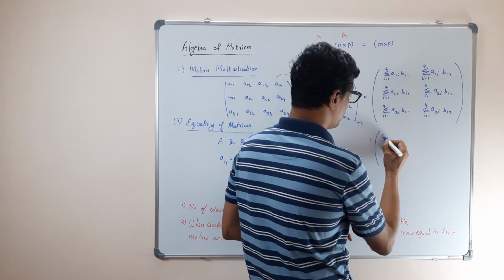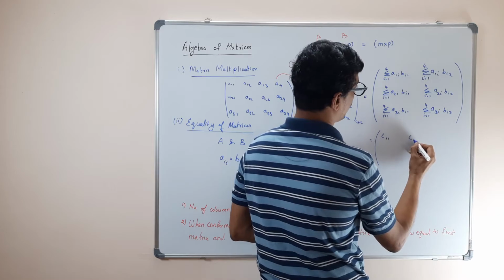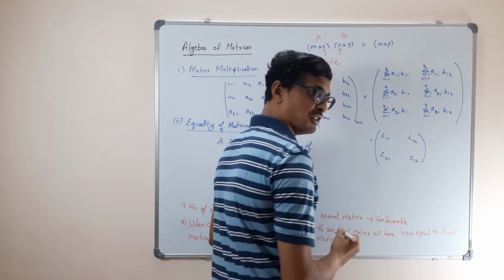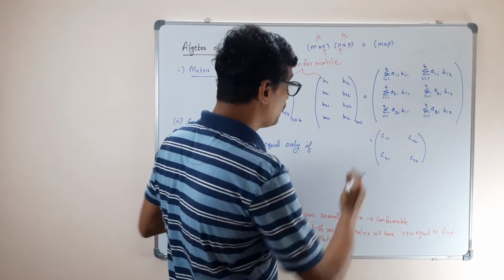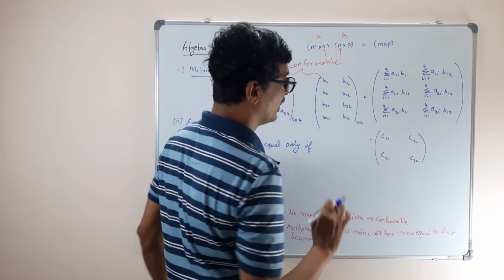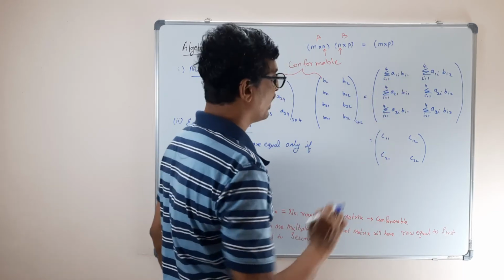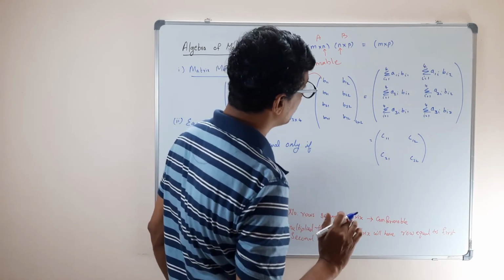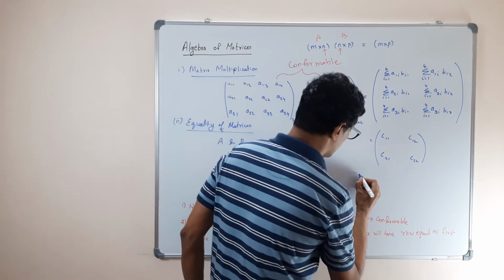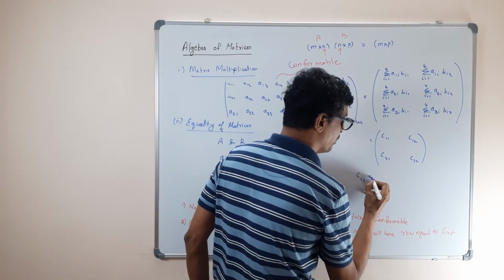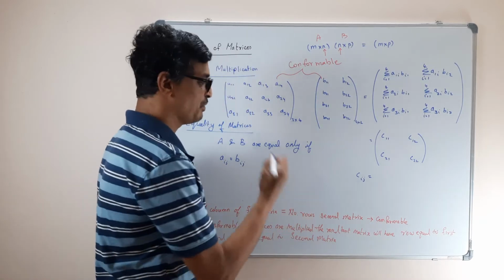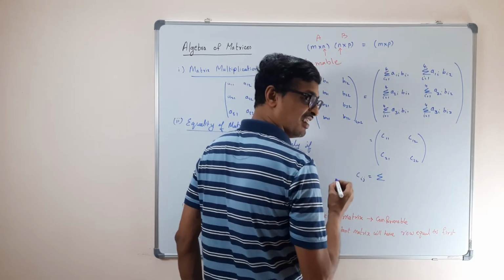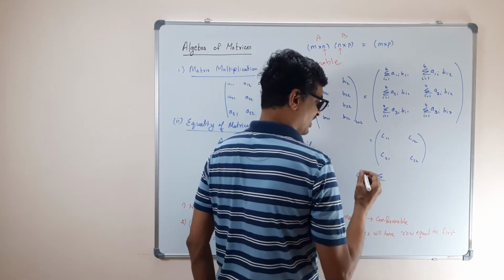So I can write it as C of 1,1, C of 1,2, C of 2,1 and C of 2,2, correct? And then you can see C of 1,1 is nothing but the summation of A of i k and B of k j. Therefore, what I can write is C of ij will be the summation of k equal to 1 to 4.